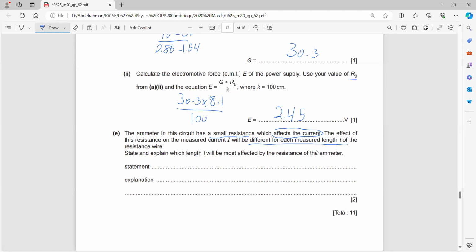So if you have a 3 ohm resistance affecting the small resistance, the percentage would be greater. Just try to calculate the percentage. The percentage of error would be much greater than if you were using the 70 ohm resistance.